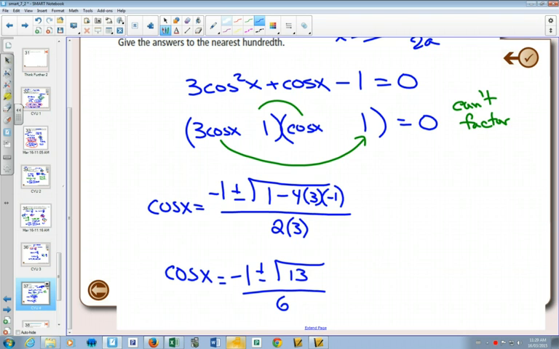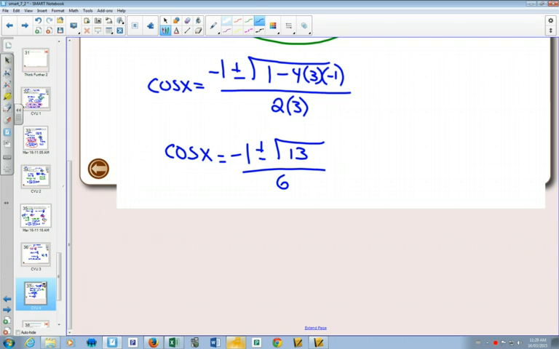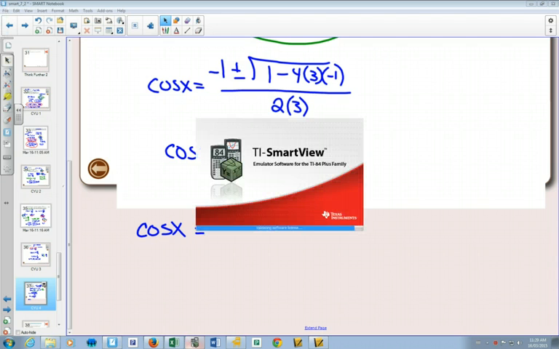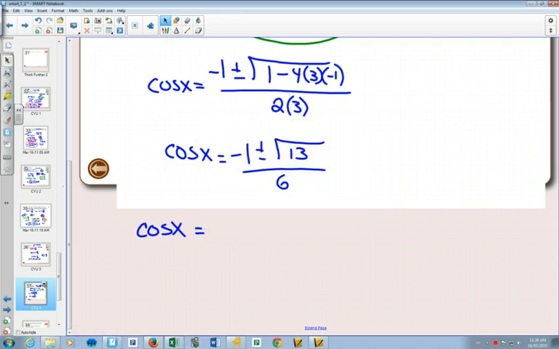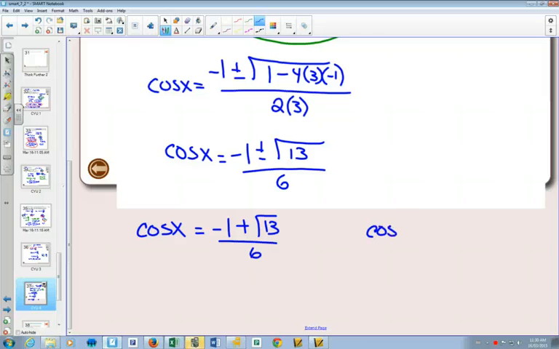So this means we have 2 answers right now. We have one answer where you would use the positive and one answer where you'd use the negative. And we're going to actually put this into our calculator and get the values and work from there. So while that's warming up here, here's our positive one.